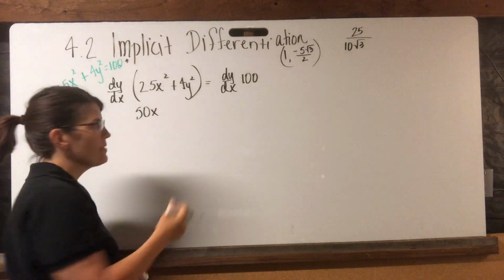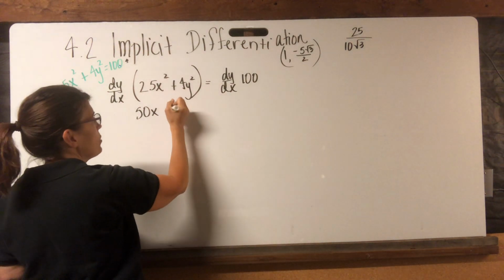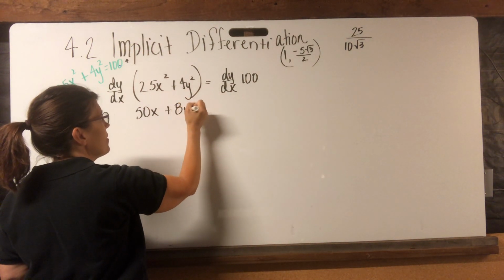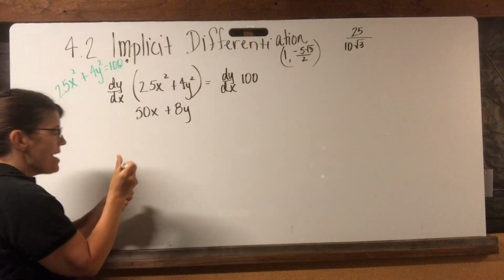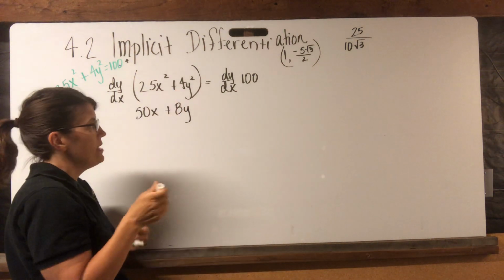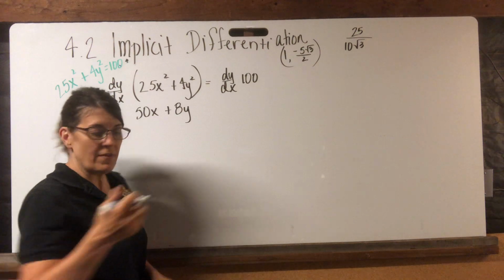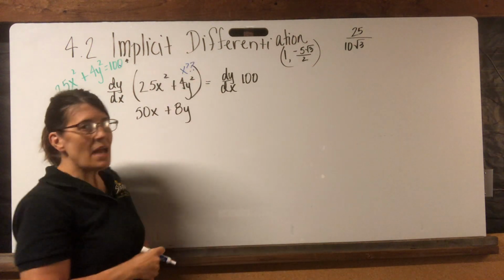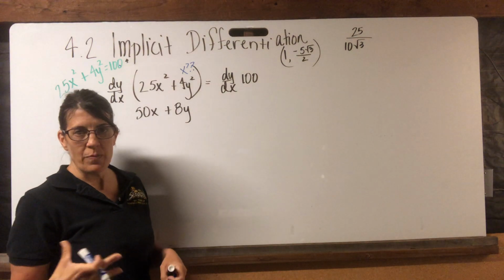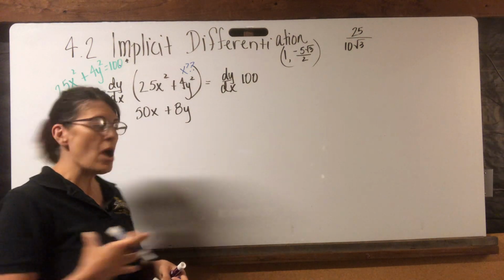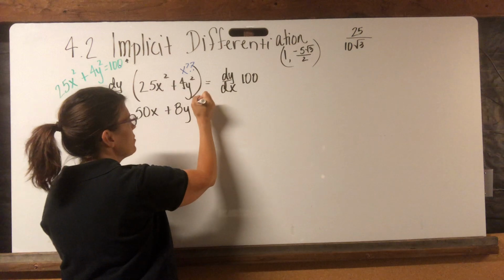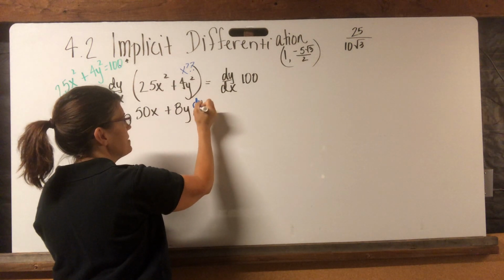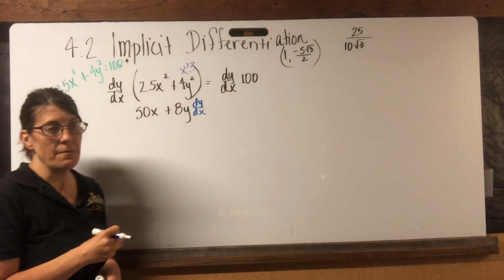where's the x? We're going to use the power rule. What's x's relationship in 4y squared? I don't know. So, for whatever variable x there is, I need to differentiate with respect to that.